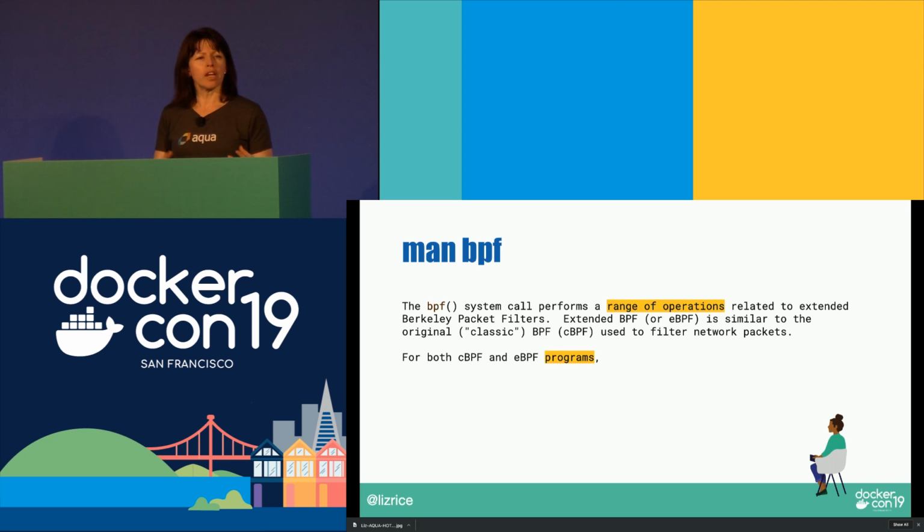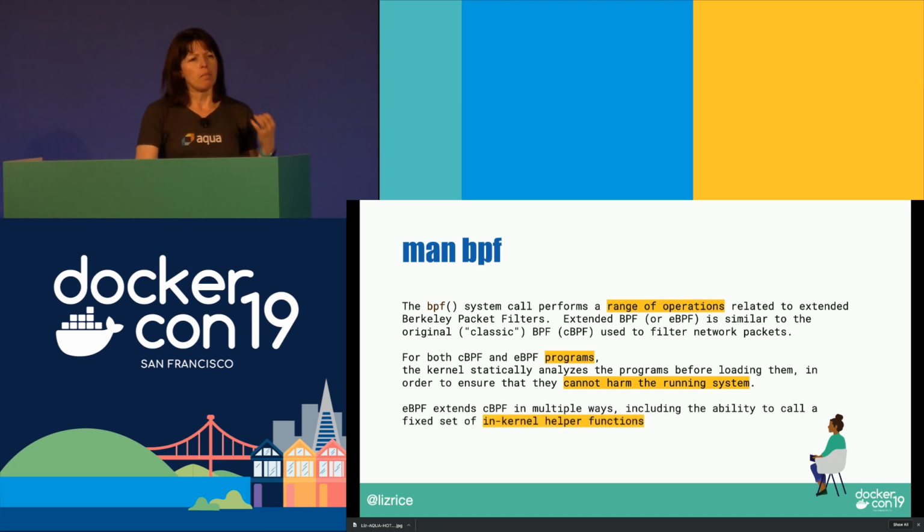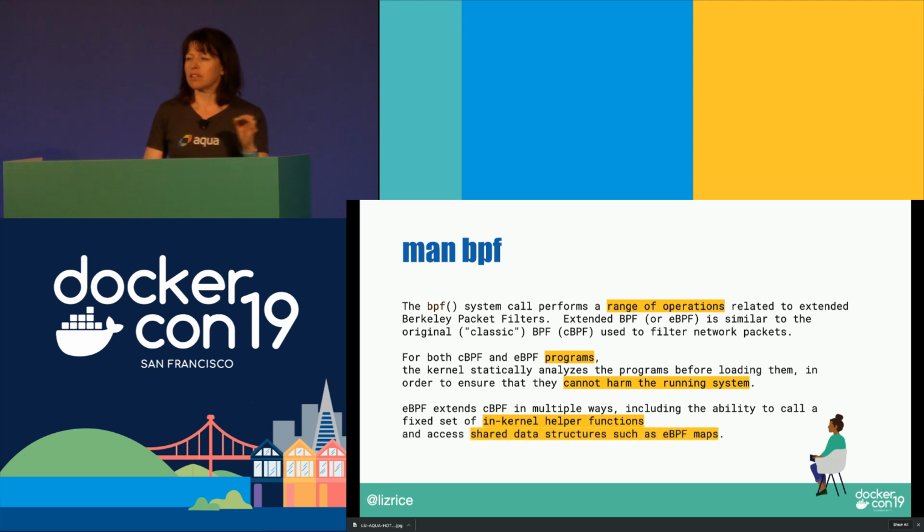We're talking about programs. These programs have to be safe to run in the kernel. We're also going to see how BPF running in the kernel uses some helper functions and data structures called eBPF maps.